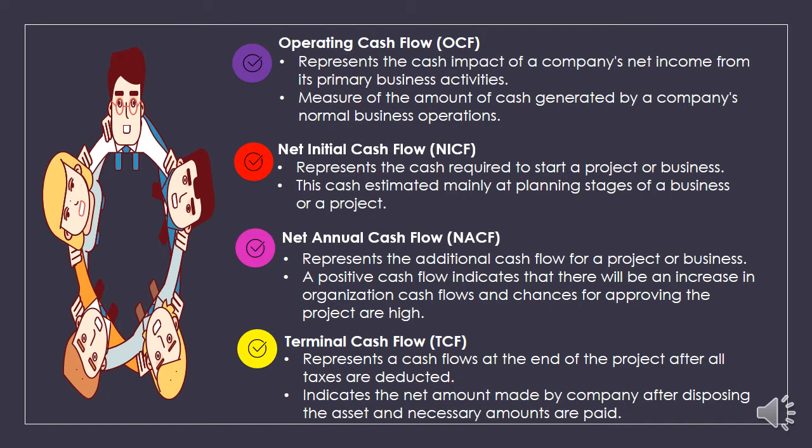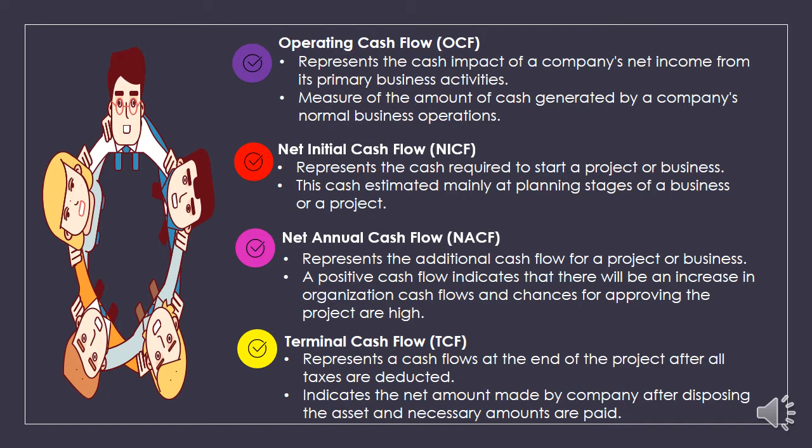The third term is net annual cash flow, or NACF. NACF represents the additional cash flow for a project or business. A positive cash flow indicates that there will be an increase in the organization's cash flow and the chances of approving the project are high. And the last term is terminal cash flow, which is TCF.